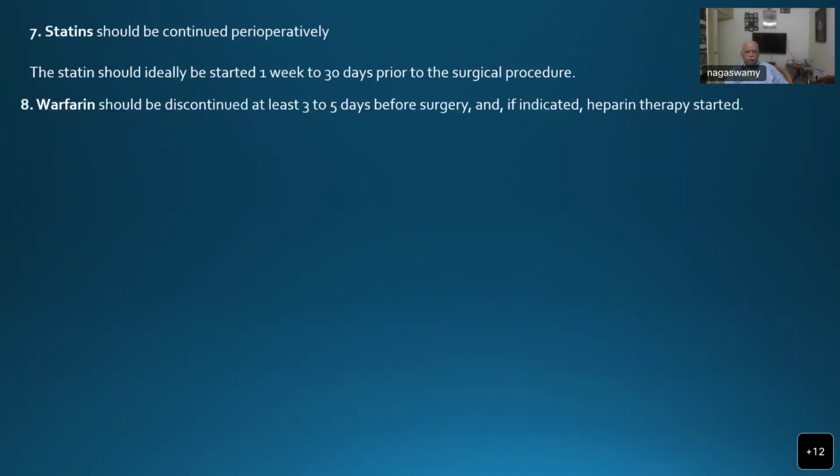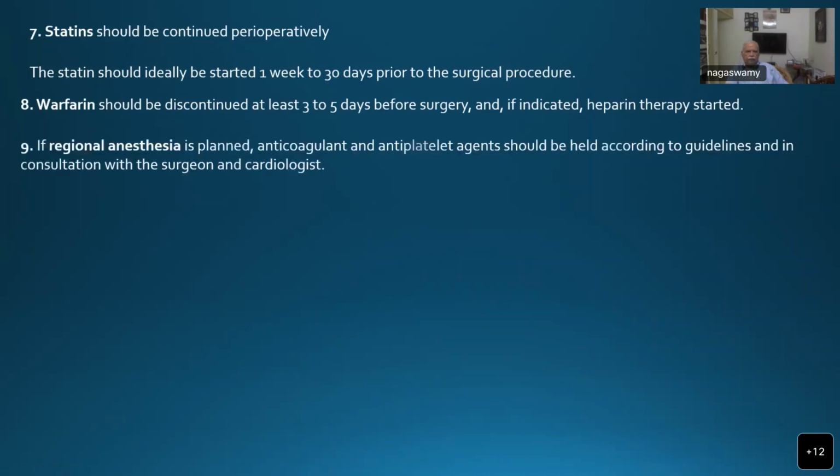Some patients may be taking warfarin for atrial fibrillation, but it has to be stopped 3 to 5 days prior to surgery, and we can substitute it with heparin. If a regional technique is planned, you have to decide what the antiplatelet is, withhold it, and then switch over to another titratable parenteral anticoagulant, and plan B. Follow the NICE guidelines or the other guidelines that are available for regional technique.